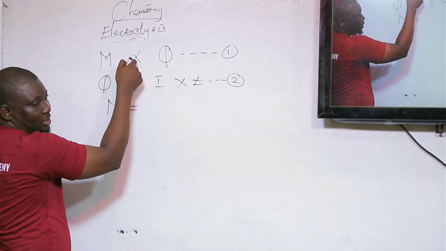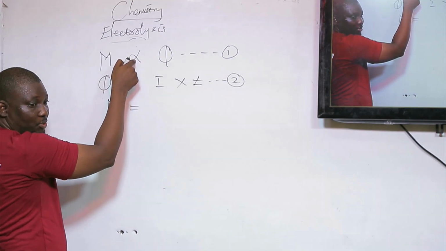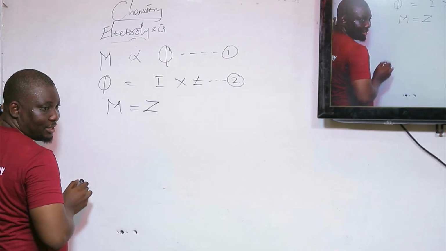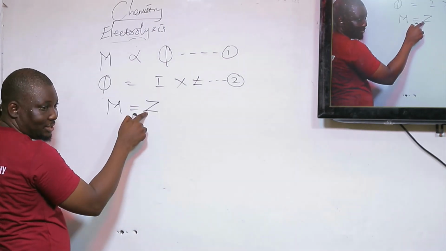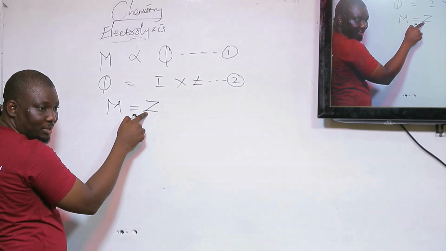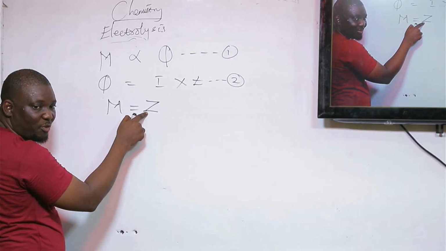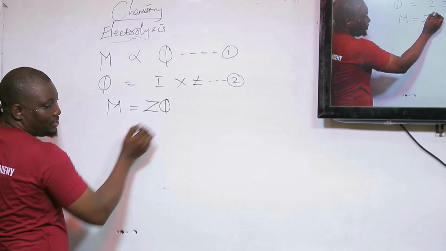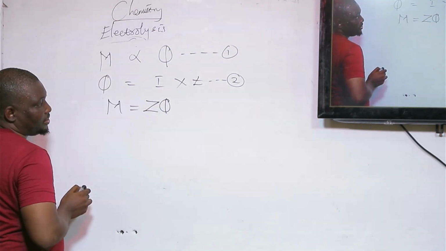I'm going to introduce a constant, Z. Let's call it the electrochemical equivalent, a constant of proportionality. So M equals Z times Q. Are you with me now?